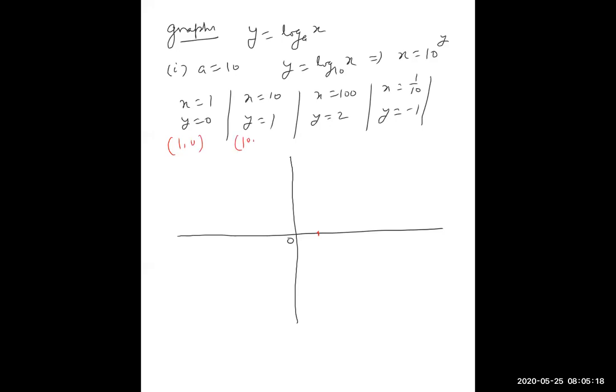This point is (10, 1). So 10 is here somewhere, with y equal to 1. And (100, 2) like this; 100 will be far away actually. Suppose 1 is here, this is 10, and this is 100, suppose here. And then at x equal to 1 upon 10, y is minus 1.